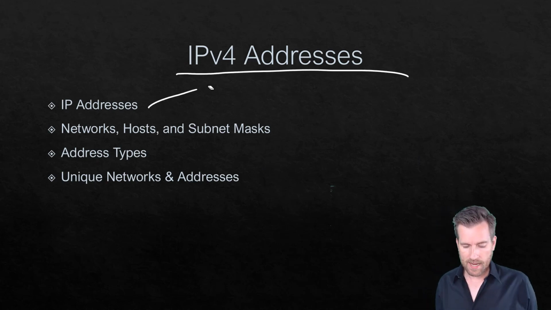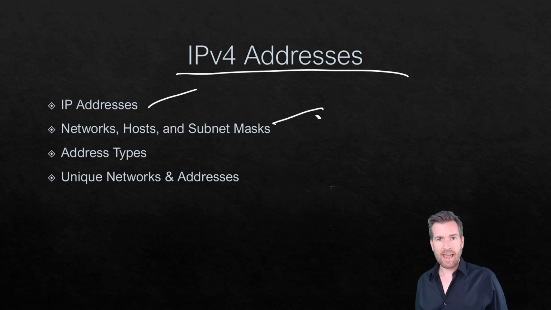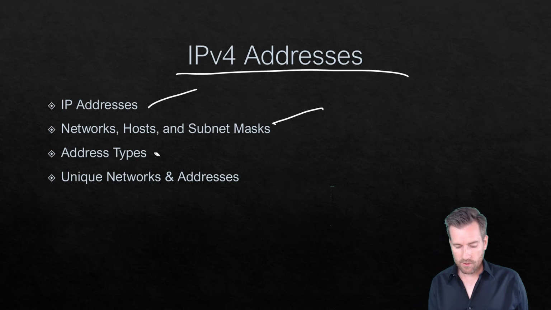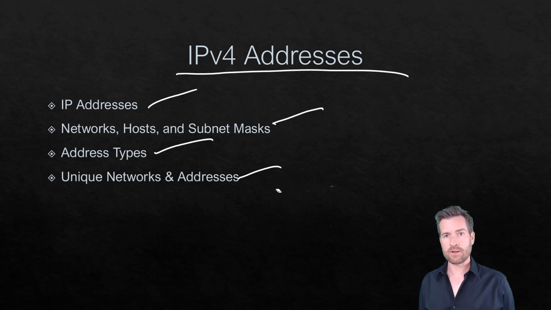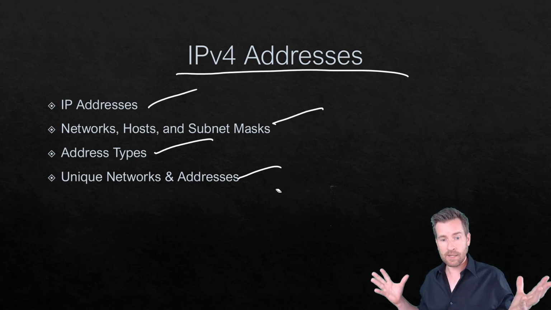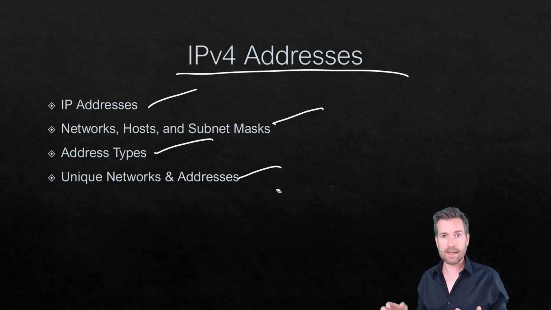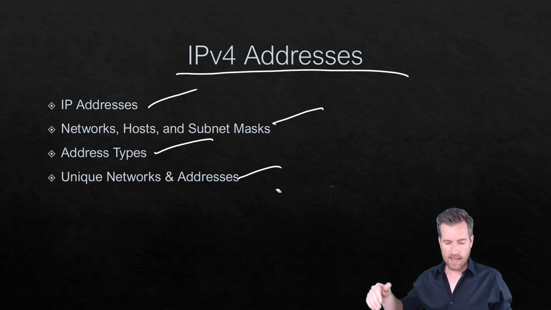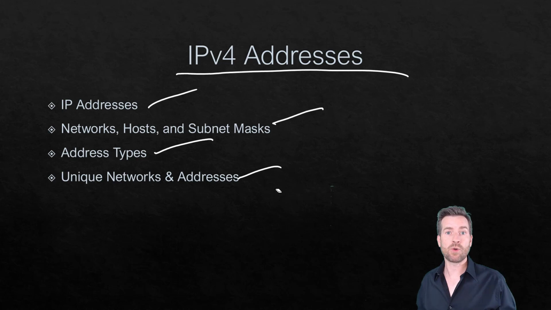We talked about IP addresses, networks, hosts, and subnet masks, and how those are formed, different address types, and some unique networks and addresses. Once again, this is not supposed to be a comprehensive view of IPv4 addresses. We didn't get really in depth into subnetting, but this gives you a general idea for future discussions, and I'll also have a class on how to subnet and get much more in depth into IPv4 addresses.